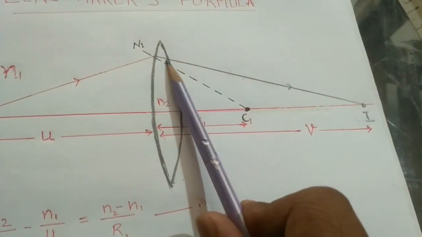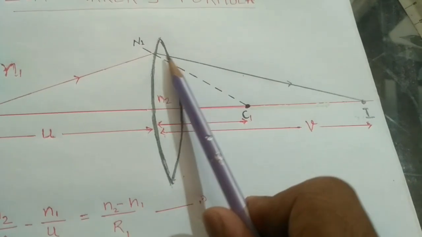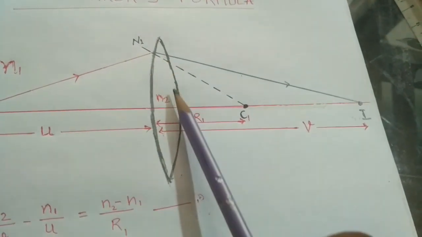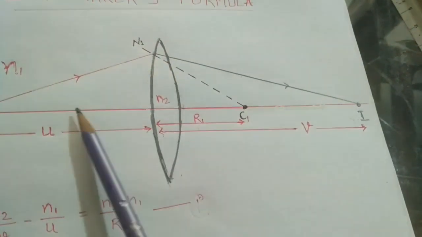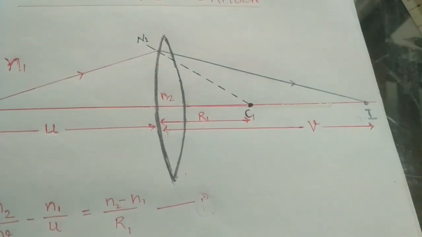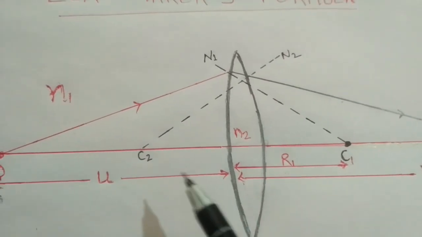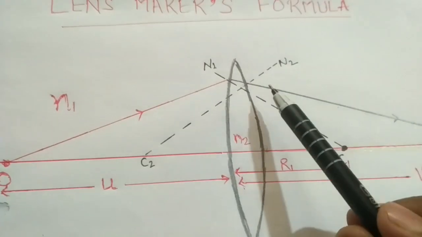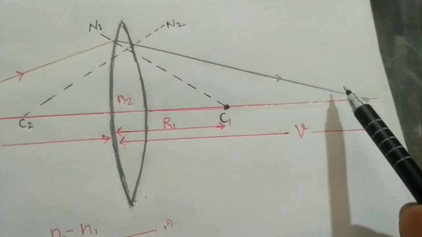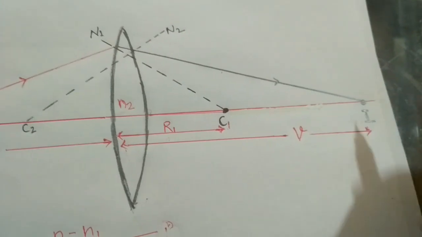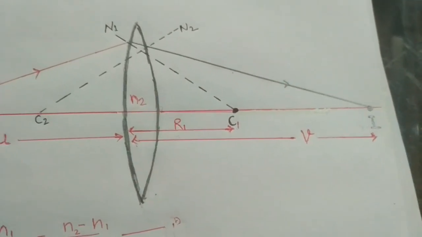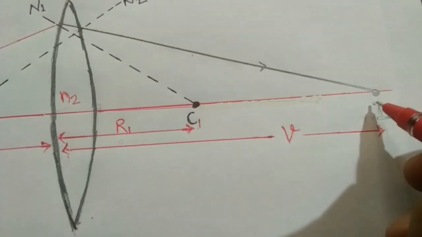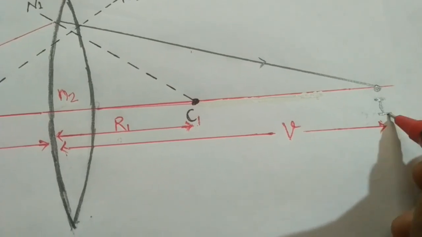To see where this light will go further, I have to draw a normal on this side. So this is C2, another normal for this surface. And I said this image is not real anymore, so I'm naming this as I dash.